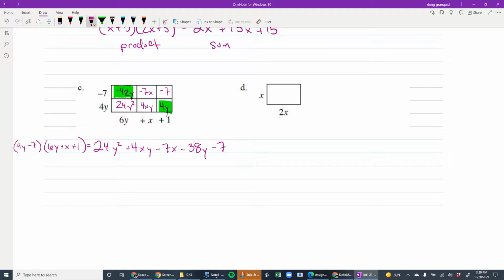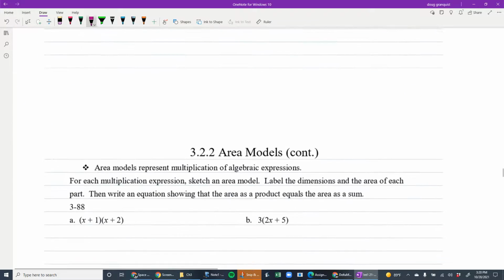The last one, 2x squared. So I can write it as 2x times x equals 2x squared. No matter how many parts our polynomial has, we can definitely put them together using the area model. All right, so here's your charge.